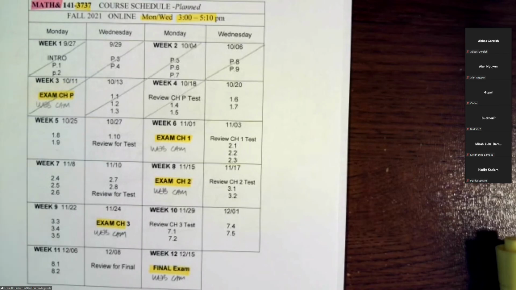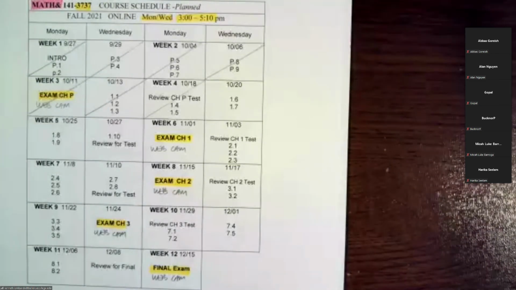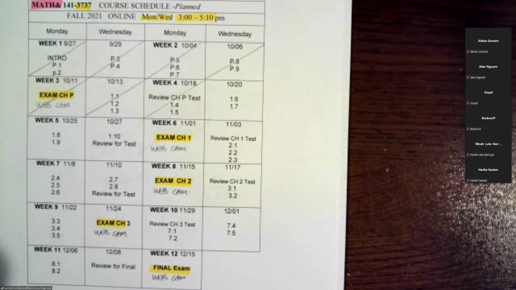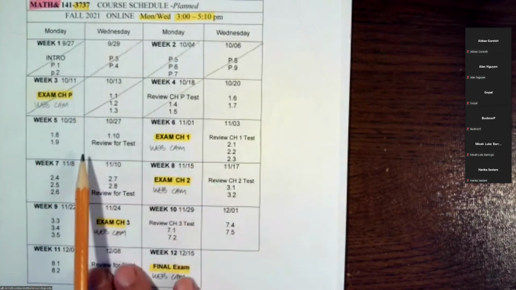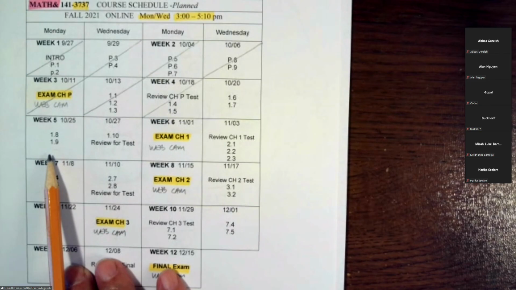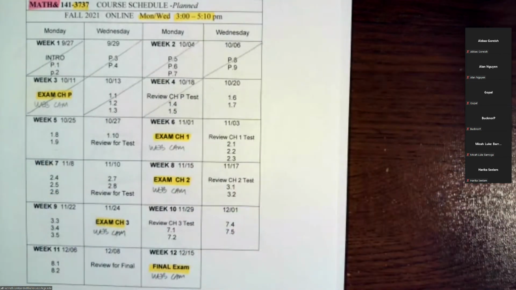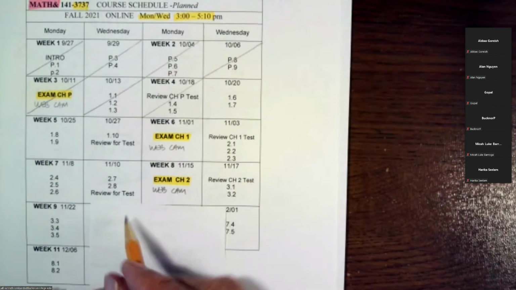I have a question on the syllabus. It says that we don't have class on Monday. We don't have class on Monday? Let me see. I don't know why it would say that. Does it say the 25th, no class? Yes, it says 10/25, no class. No, that looks like it must be an error. There's nothing on my calendar here, and there's nothing on the calendar here. So I'm going to take a note and change that.